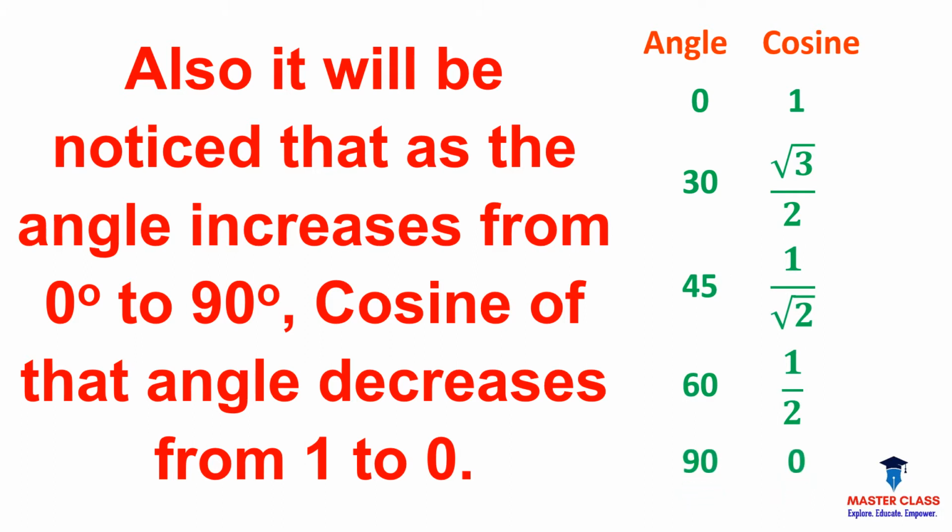On the other hand, it will also be noticed that as the angle increases from 0 to 90 degrees, the cosine of that angle decreases from 1 to 0. That is, cos 0 is equal to 1 and cos 90 is equal to 0.